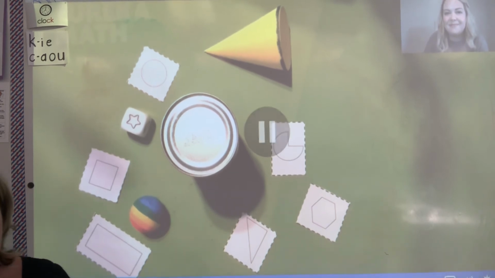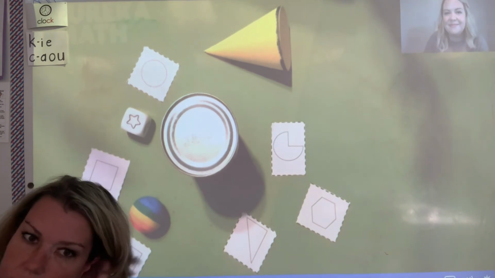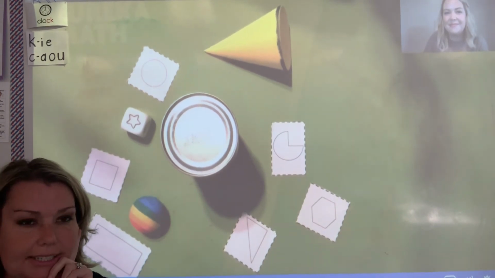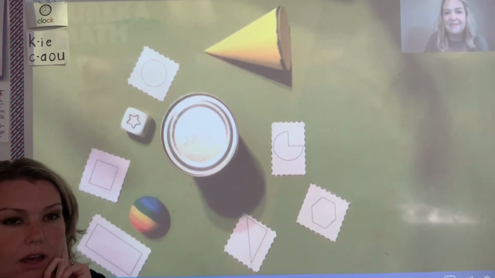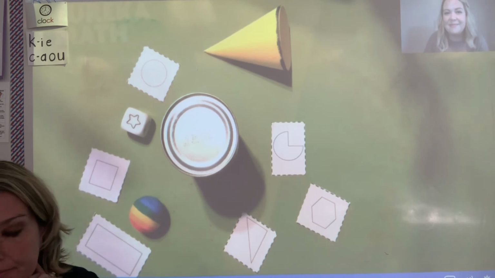So as you're standing, look down onto your shapes. What do you notice about your shapes as you're looking down at them? Who can raise their hand and tell me? What's something you notice about the shapes as you look down at them? Carolyn.